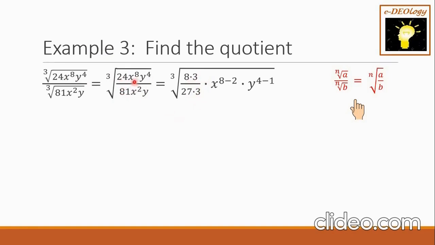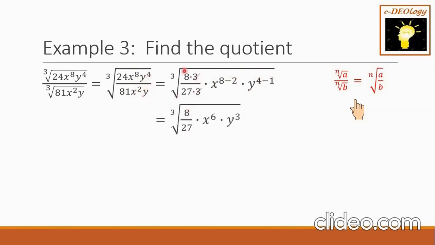For the x, with power 8 in the numerator and power 2 in the denominator, we can show that this is x raised to the difference of 8 minus 2. And then times the variable y raised to 4 minus 1. So in here the exponent is 4. In the denominator for the y, the exponent is 1.